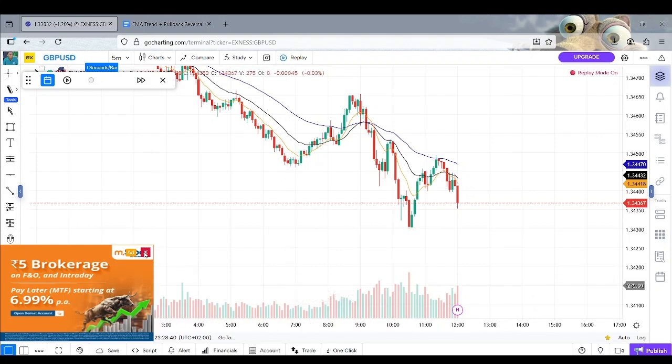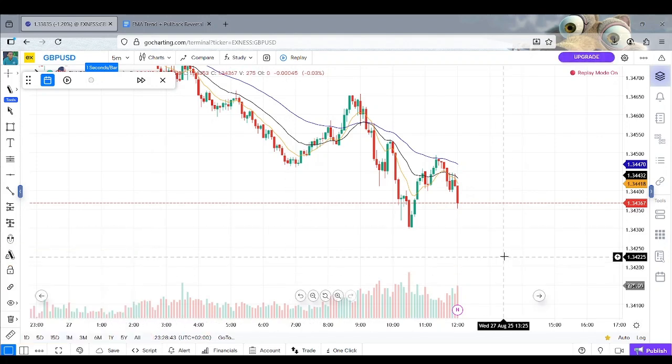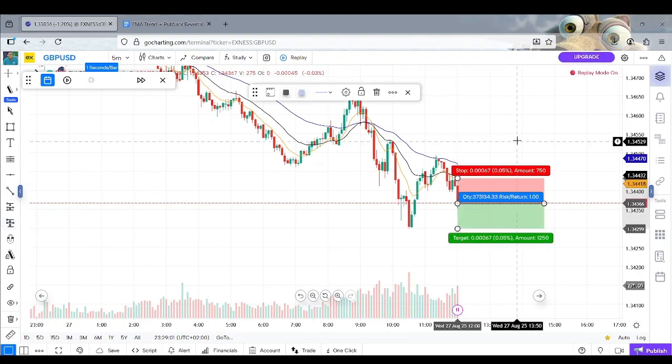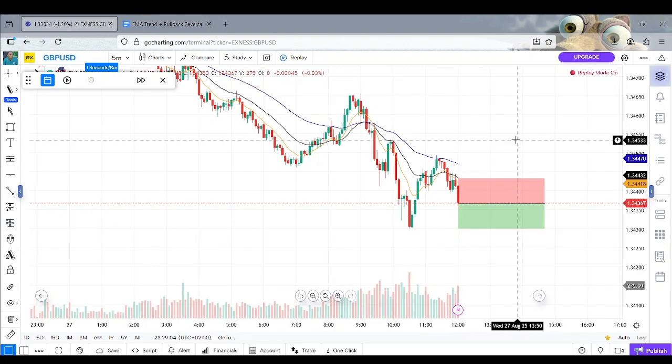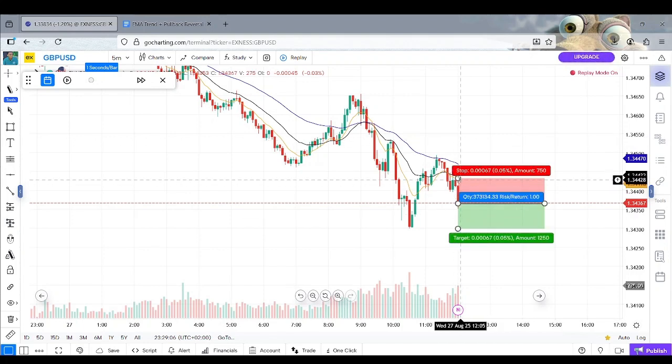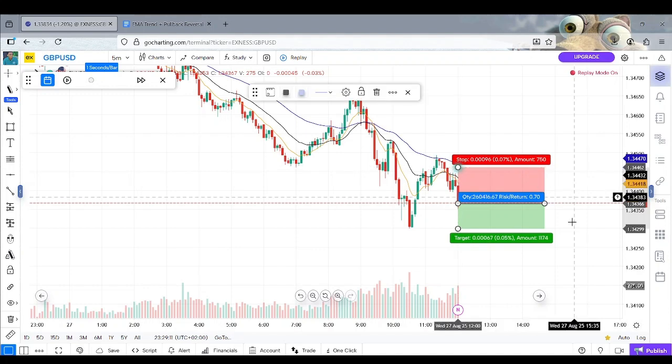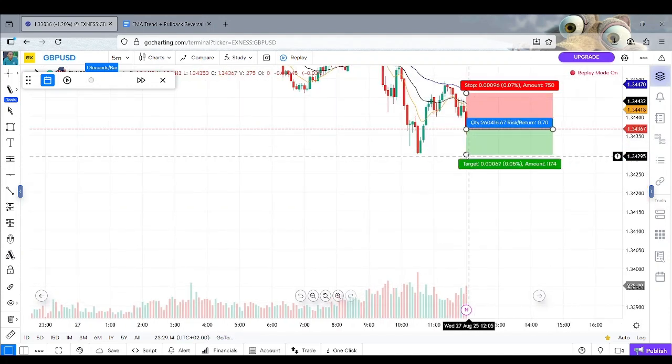Actually touched the 50, but it is just a pullback, and then it seems we're going bearish again. So let's sell here, right? So, but good God, where's my stop loss? A teeny bit above here, and might take profit.